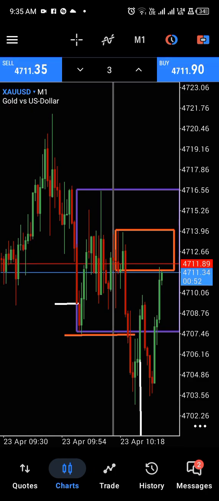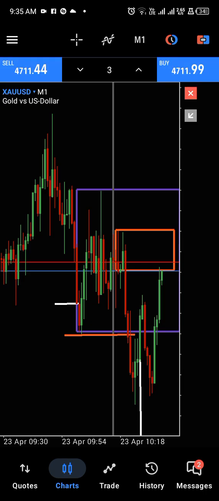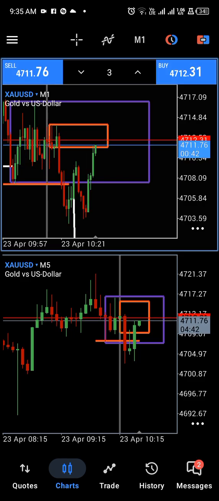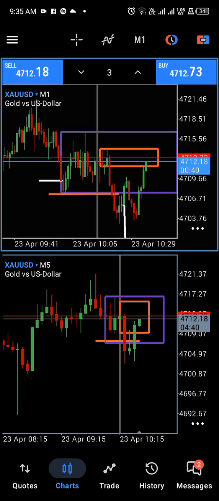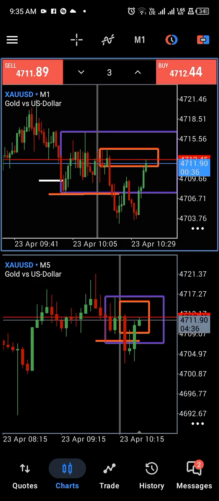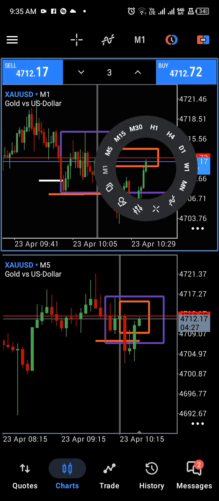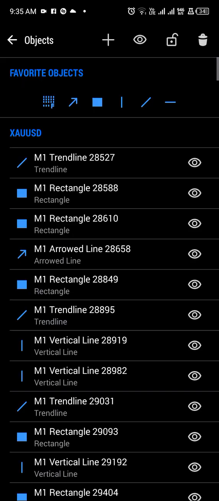So let us see. And then I will go back to my 5-minute time frame. Everything is still bearish even on a 5-minute time frame. And then I will remove this arrow. Unless this area is taken out, I think I should remove this.